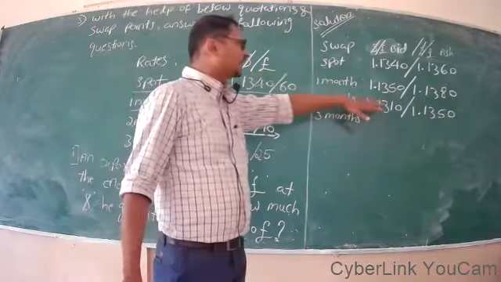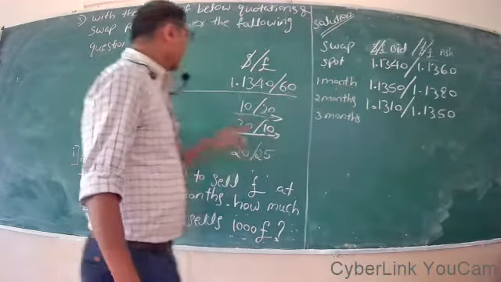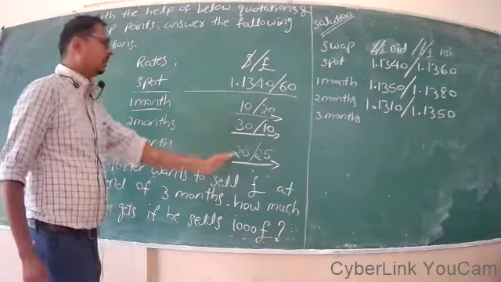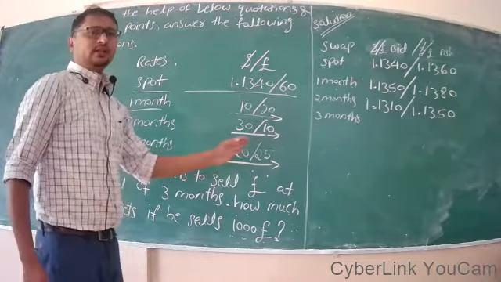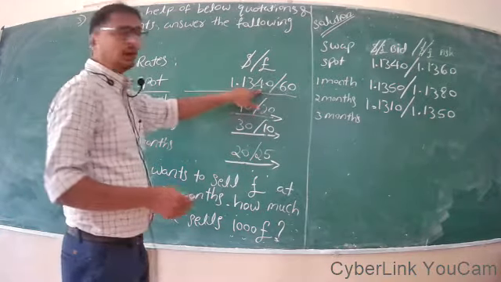We are calculating outright rate for 1 month, 2 month. Now it's 3 months outright rate. Reading from left to right, it is 20/25. Since it is in increasing order, we have to add this to the spot rate, right?